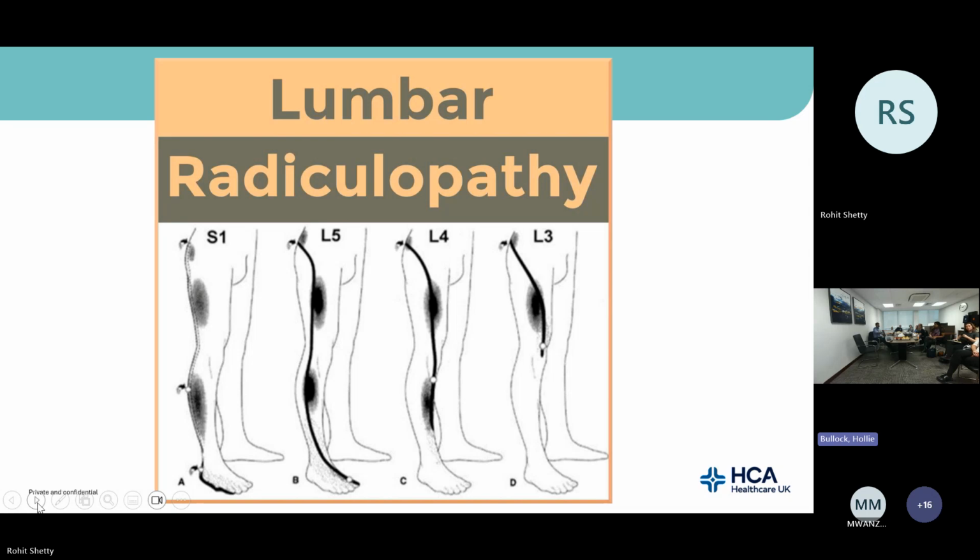The only reason why we might want to see patients sooner rather than later is when they have neurological deficit. So if someone's got a foot drop or an S1 deficit, it's time dependent. 7% of those 60% of patients who develop sciatic pain will have a neurological deficit.